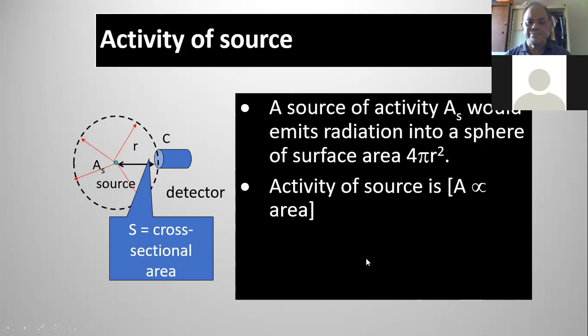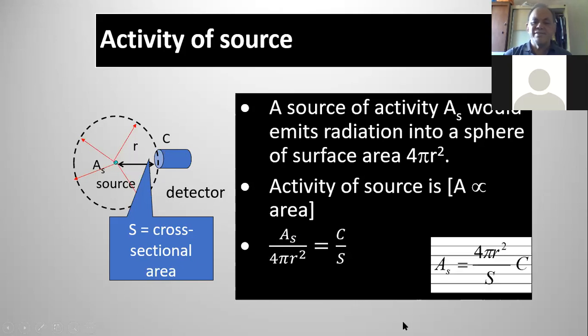So if that is the activity of the source, then it is distributed over this area, and if that is the count rate that we measure by this detector, then it's just by this surface area. Then cross multiply, we get an answer. Very rarely this one comes up, this side issue of how to find the activity of the source from the activity we measure by the detector.